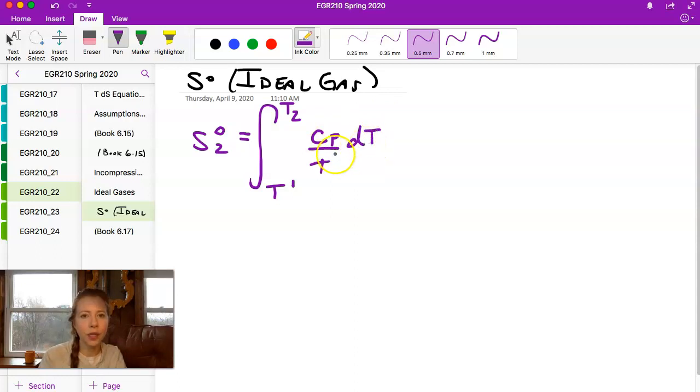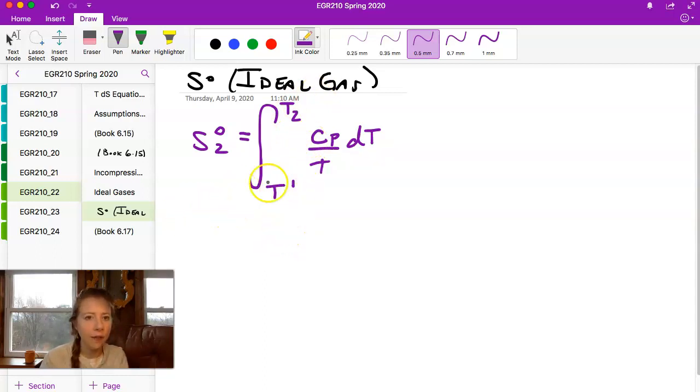Now, here's the thing. When you're integrating, you're going to end up with natural log of T2 over T1, for example, or T2 over our reference.